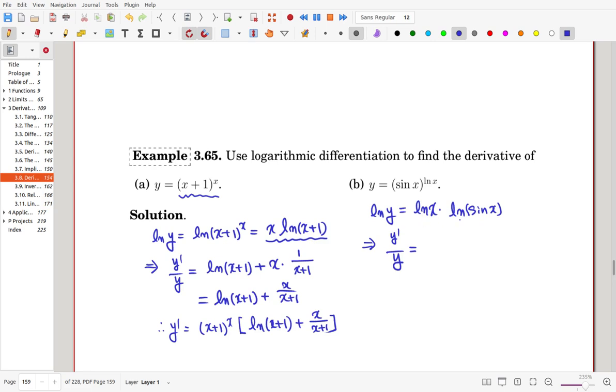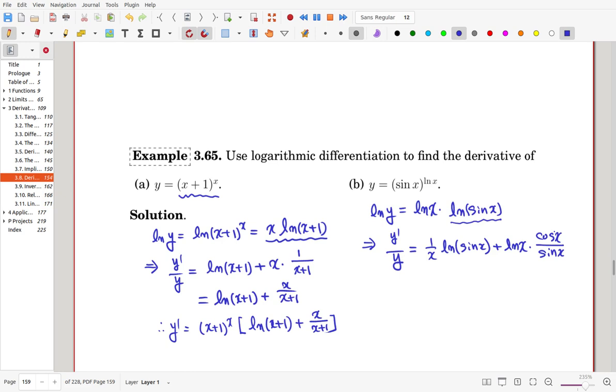Now we are using the product rule. So first, this one is 1 over x times the logarithm of sine x, plus the logarithm of x times the derivative of that. The derivative of this term: this is f of x, so f is on the bottom, and on top f prime is cosine x.